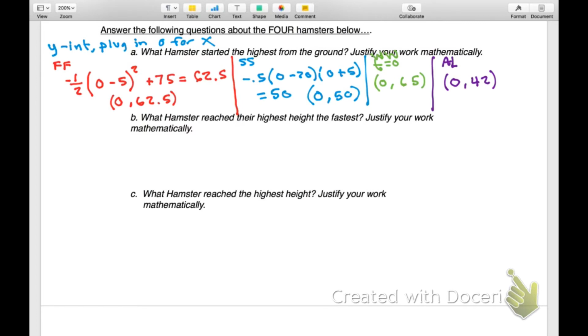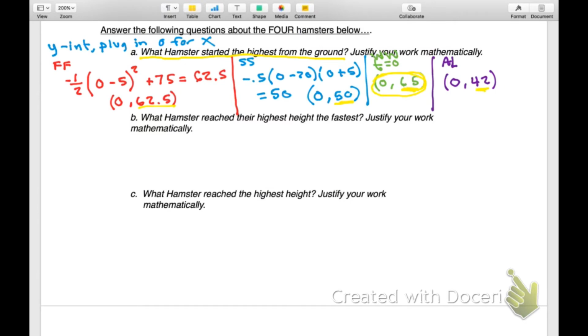Okay, so now we can answer the question: what hamster started the highest from the ground? The Flying Fuzzball started at 62.5 off the ground. The Squeaking Scorcher started 50 feet off the ground. The Wiggling Wonder started at 65. So far, that's the highest.